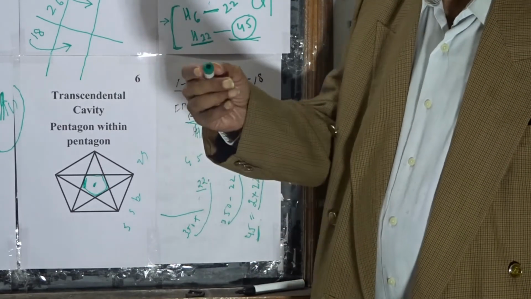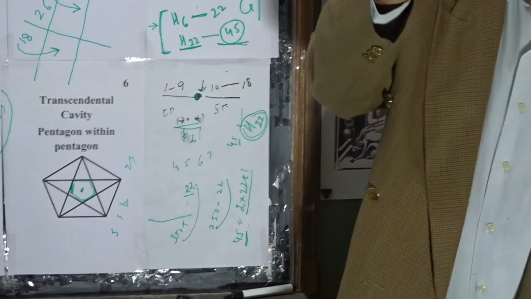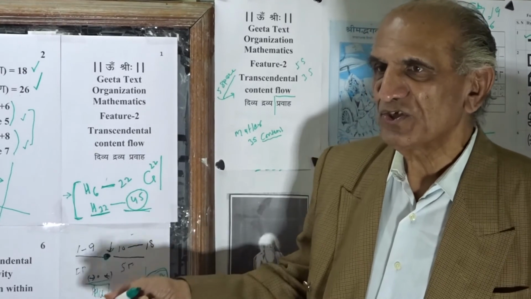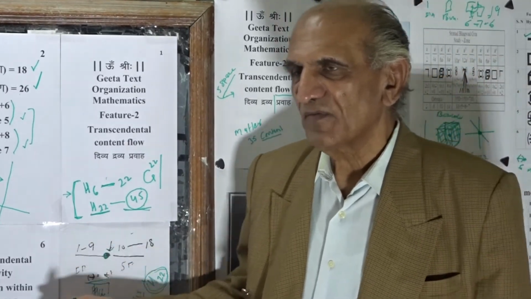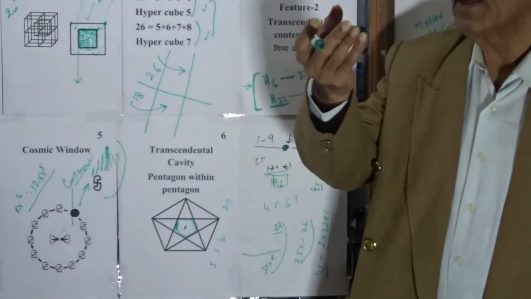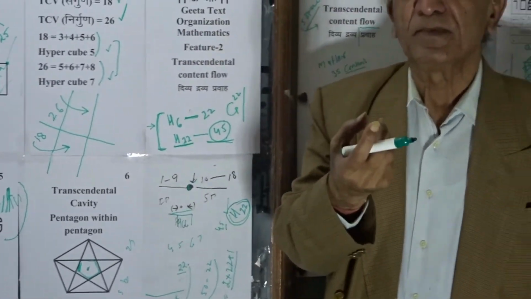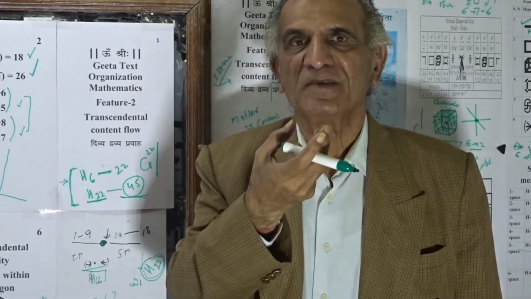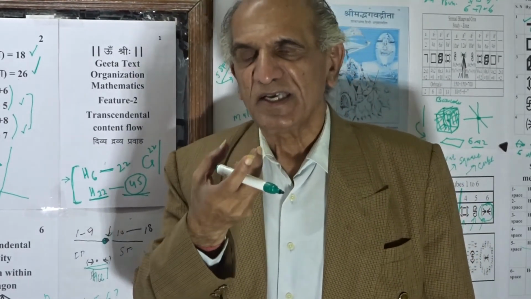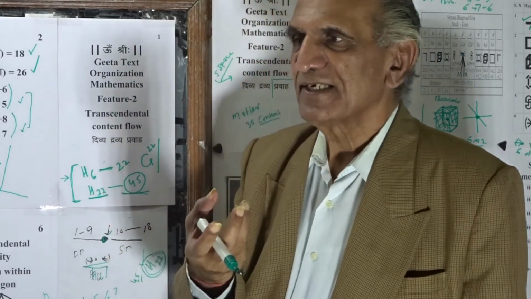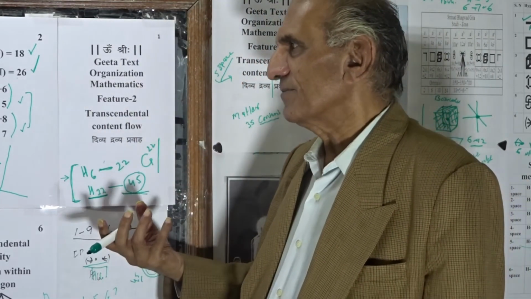And as none of the diagonals passes through the center, this phenomenon will be ad infinitum. It is this ad infinitum feature which is being fully chased by the Vedic systems.